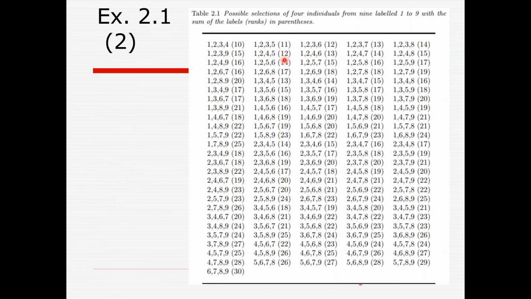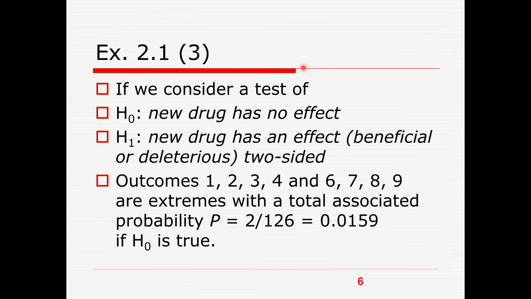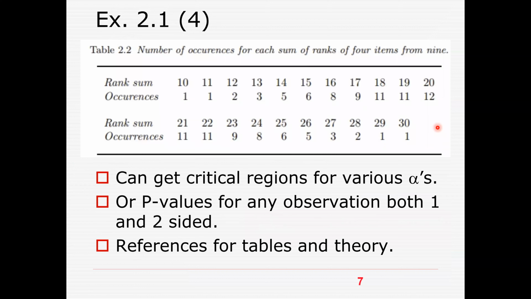So what we care is for each rank sum, how many times it occurs in these 126 outcomes. Therefore, we can list those rank sums with their occurrences like this. The occurrences are very important because using the occurrences, we can calculate the probability of each rank sum, right?